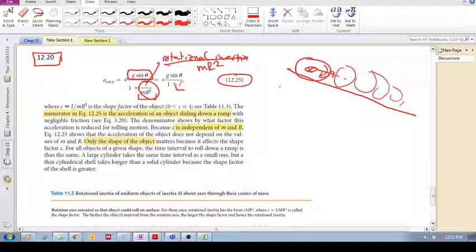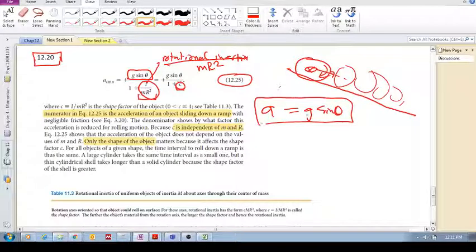This value c tells us by how much the acceleration is going to be reduced. What do we mean by that? I think we've seen this before. A equals g sine theta. Where have you noticed that before? Well, that is if you've got an object that is sliding down an incline. You've got your angle theta, and the acceleration of that object is equal to g sine theta.